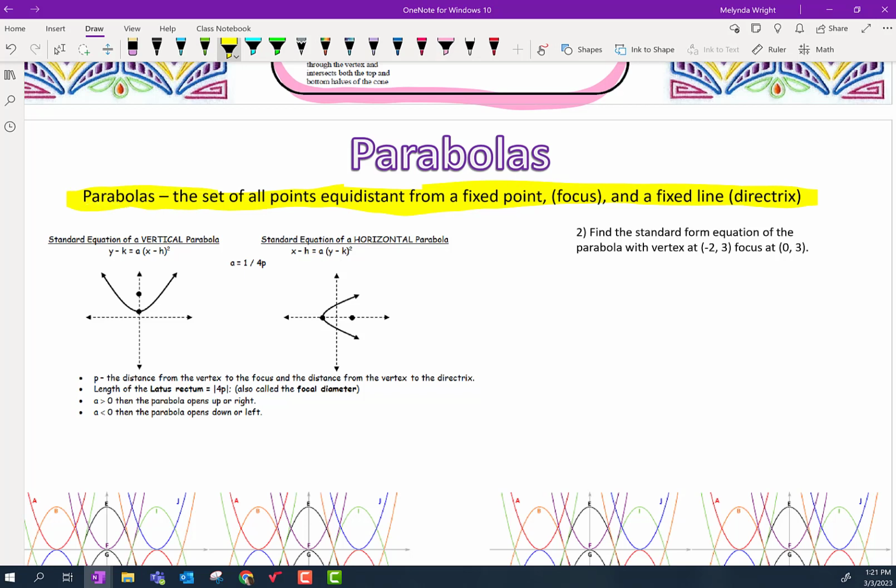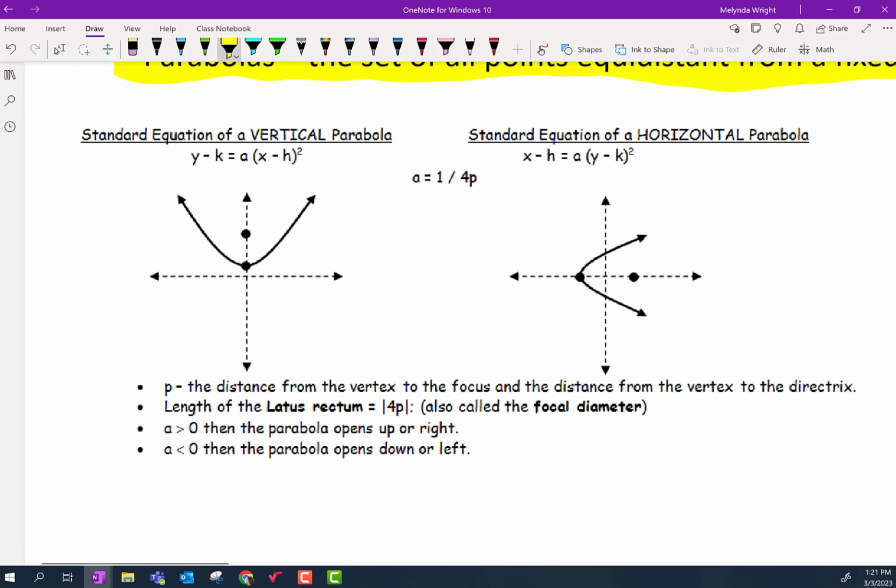So let's get in here and let's label these things. Let's label what we're talking about. Okay. We are very familiar with vertical parabolas. We've been dealing with them for a very long time. Horizontal parabolas, not so much. Not so much. So let's go through the parts.